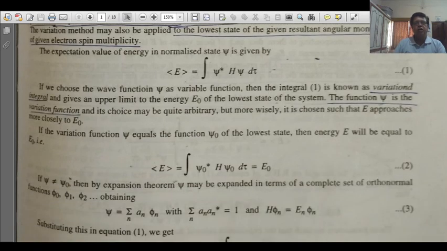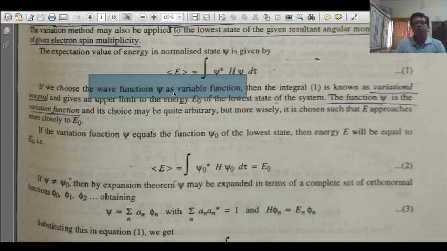First of all, we know that the expectation value of energy in a normalized state function psi is a well-known expression: the expectation value of E equals the integral of psi star H psi d tau, where d tau is the volume integral. Suppose we choose the wave function psi as a variable function.